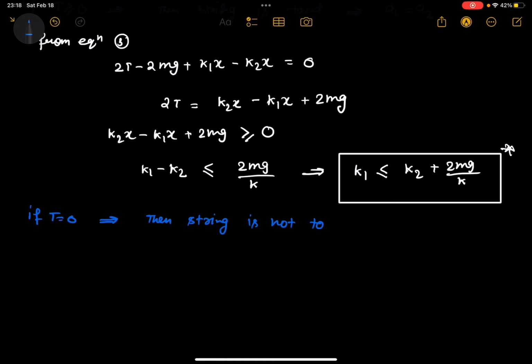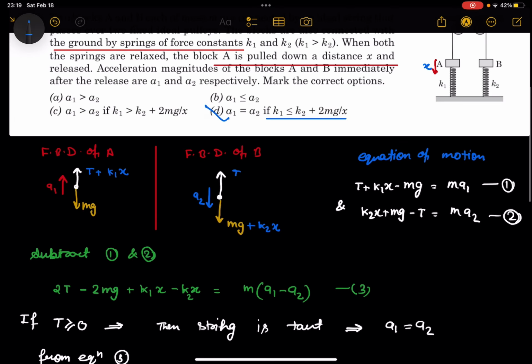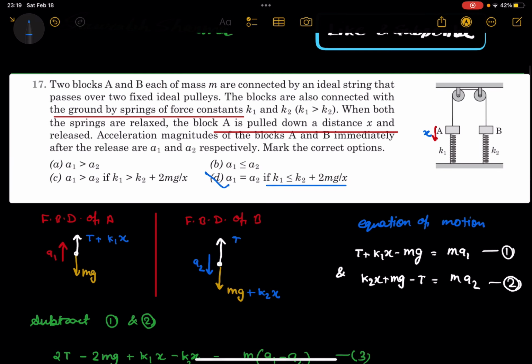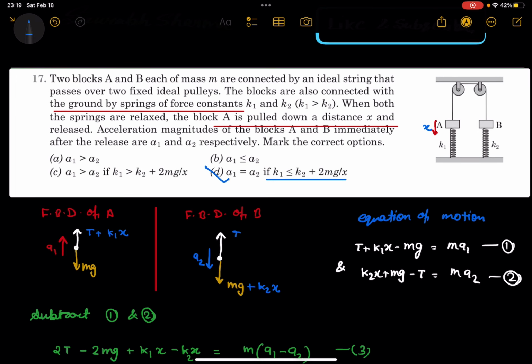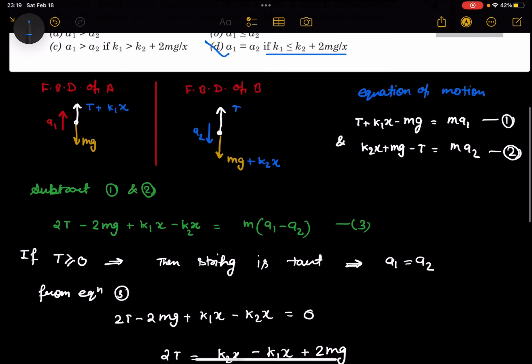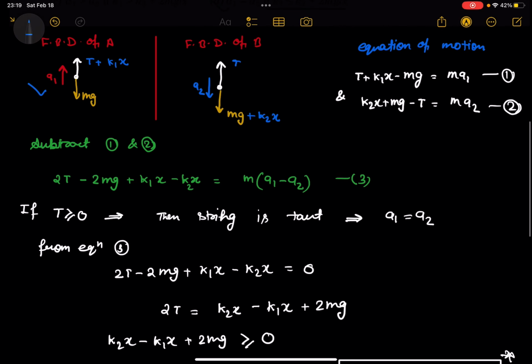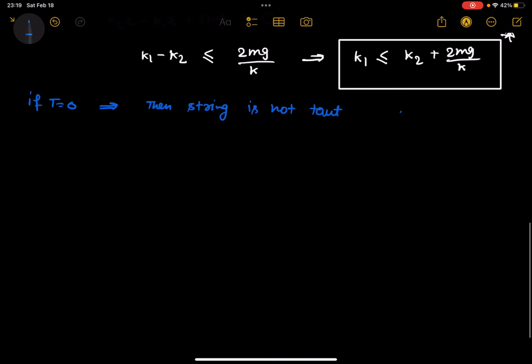If tension is 0, and K1 is more than K2, then the blocks move with different accelerations. From the free body diagrams, K1x minus mg acts for a1 and K2x plus mg acts for a2, so a1 is more than a2.